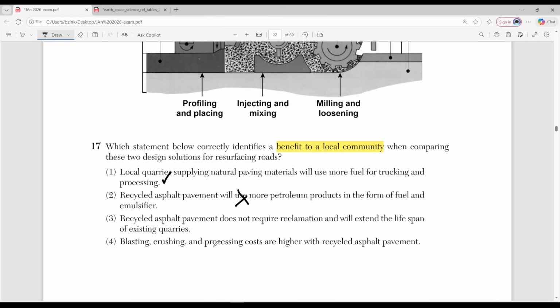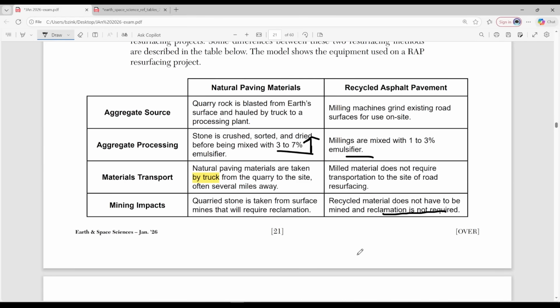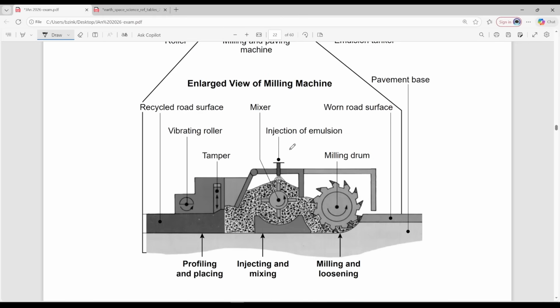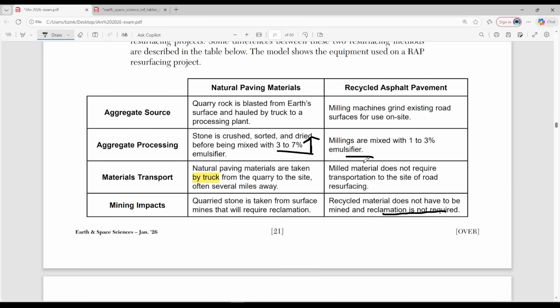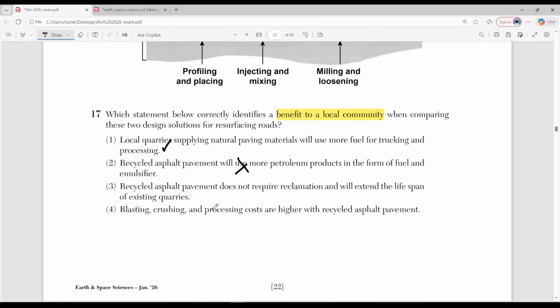Blasting, crushing, and processing costs are higher with recycled asphalt pavement. Does not require transportation. They grind stuff on site. It doesn't say anything about blasting. I don't see anything about blasting. I don't see that. I'm going to say that's probably not the case.